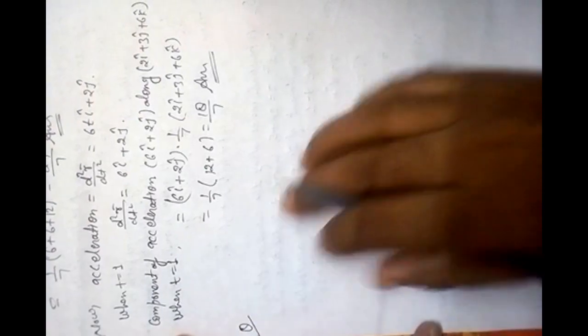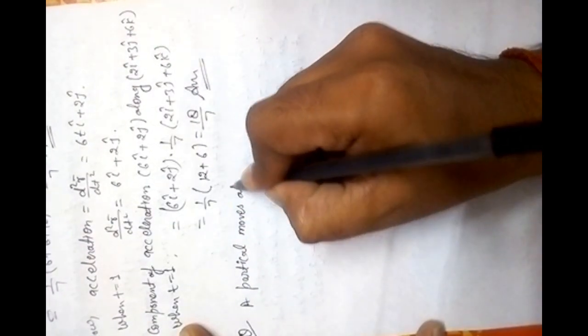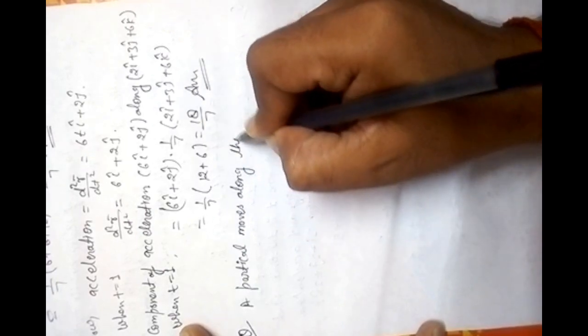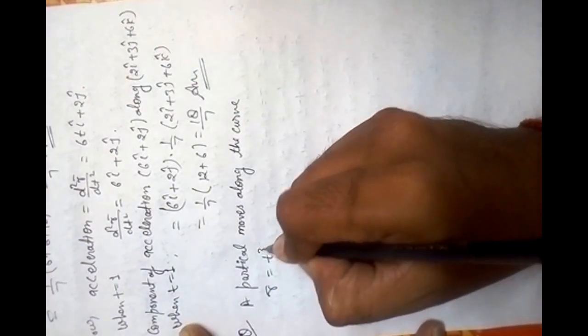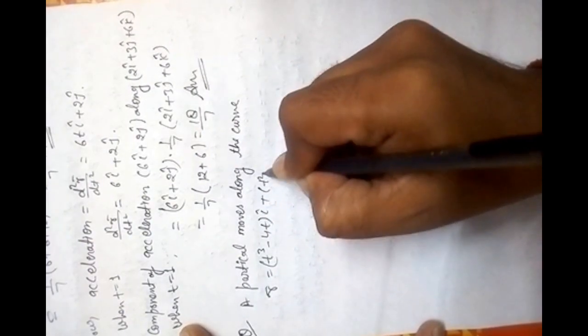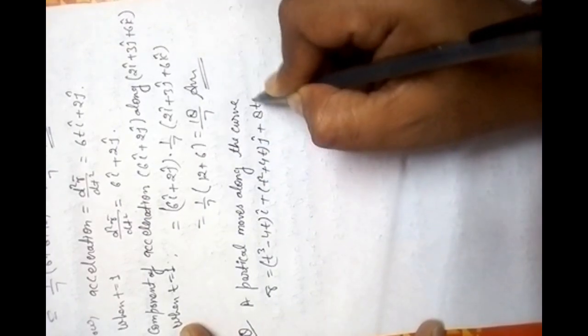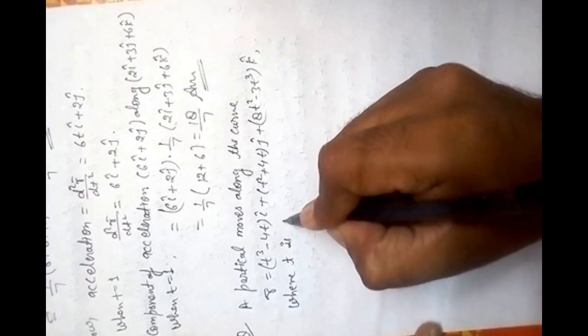Now next question is, a particle moves along the curve r is equal to (t cube minus 4t) i plus (t square plus 4t) j plus (8t square minus 3t cube) k, where t is time.